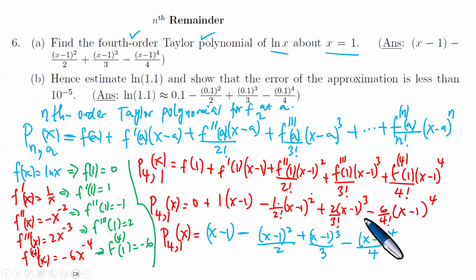So you can show that. Right, but now first things first, this is about the Taylor polynomial.